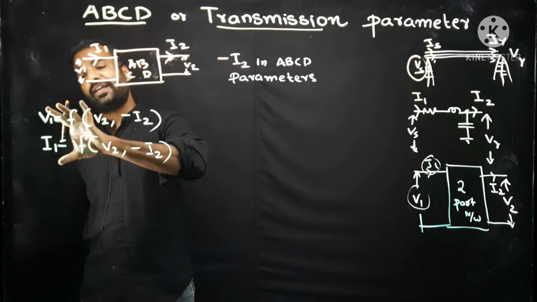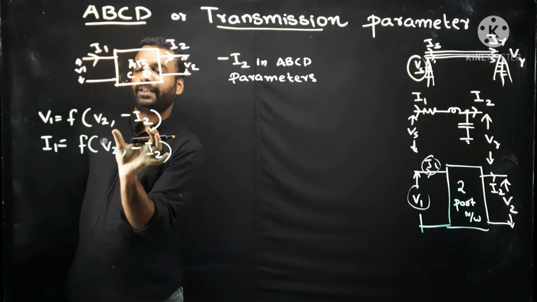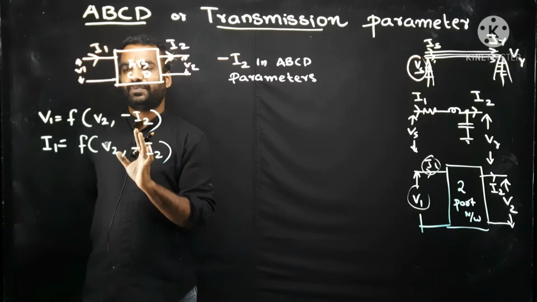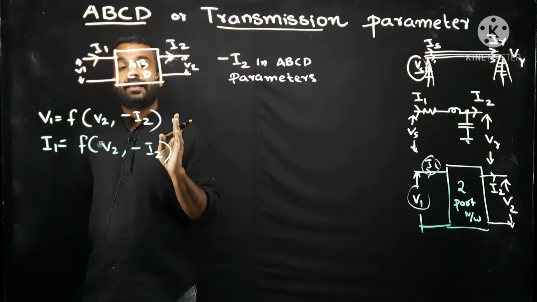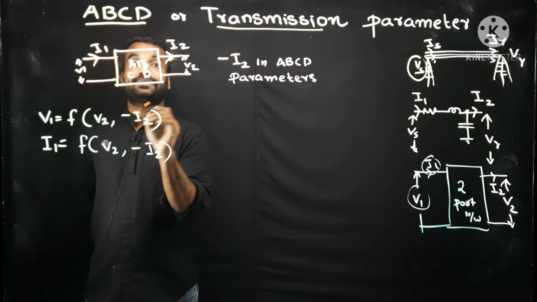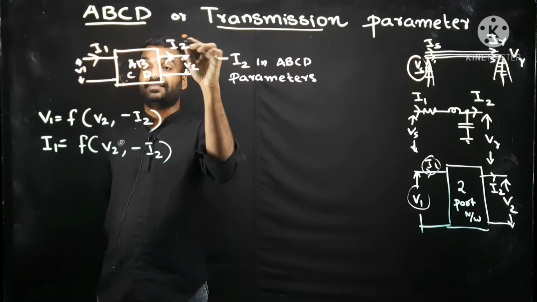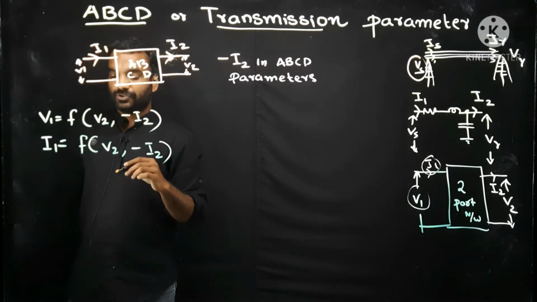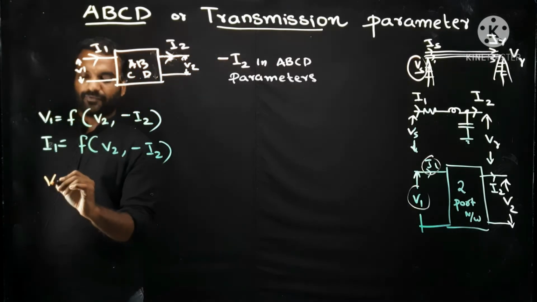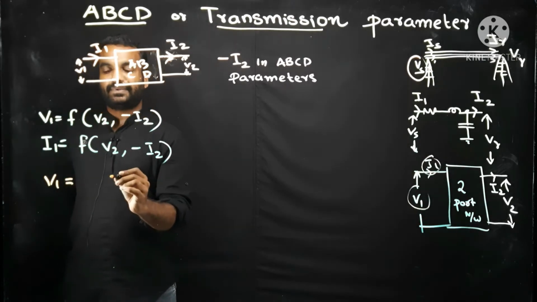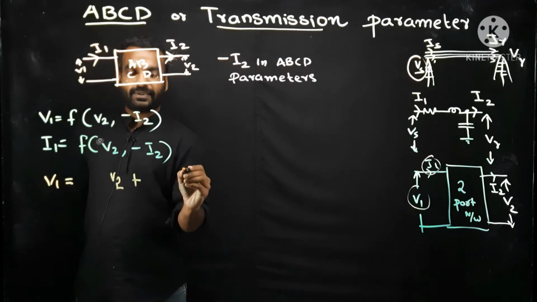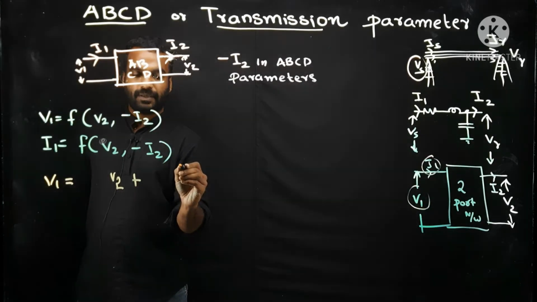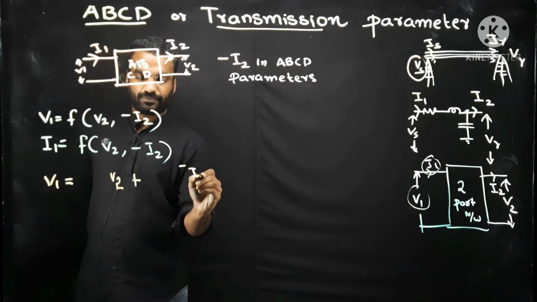Then the dependent parameters will be V2 and I2, and for I2 you have to take minus I2, because the current direction is reversed in ABCD parameters. So, let me write this equation: V1 is equal to something into V2 plus something into minus I2.